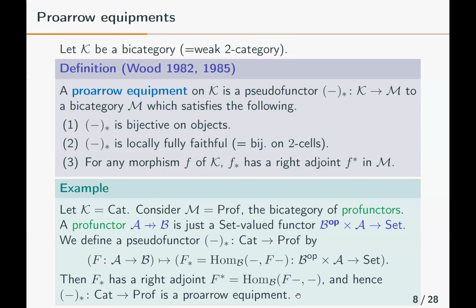And this example encodes ordinary category theory in a 2-categorical form.